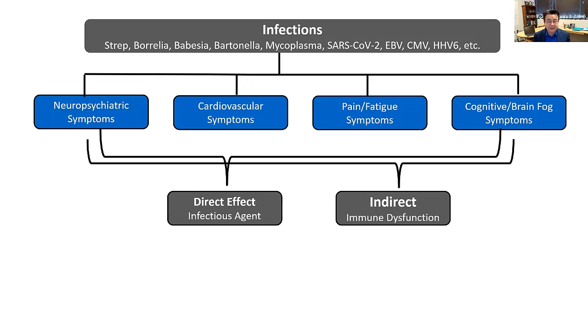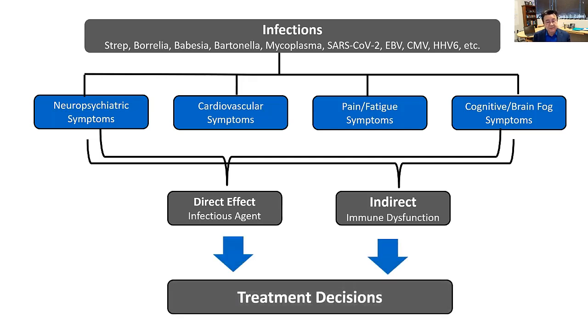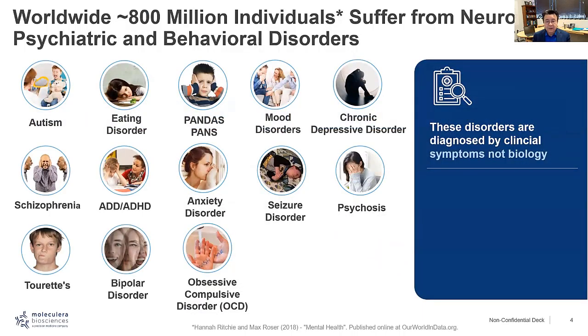And that is the ability of these infectious agents to confuse the immune system such that it mounts a response against these different areas of our body and causes these symptoms that are in some cases, in most cases, resistant to standard treatment, but also then are responsive to treatment that is directed against the underlying immune dysfunction, whether it's inflammation, whether it's immune dysregulation, and of course the infection that's triggering it. So let's start out with the problem.